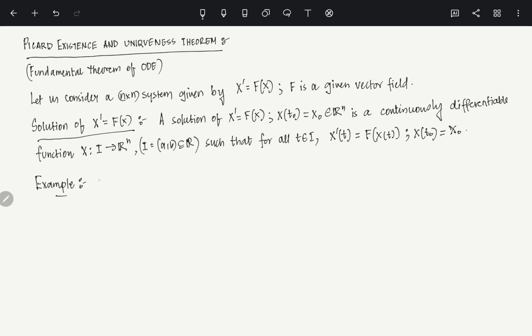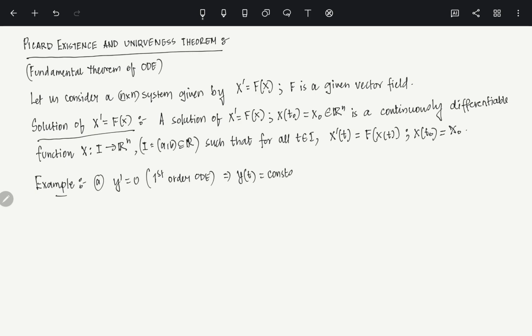Look at this example, y prime equals 0, just a first order ODE. Now you do realize that if I am writing y prime equals 0, that will imply y of t equals a constant, for any constant.